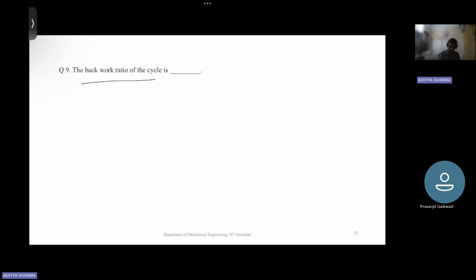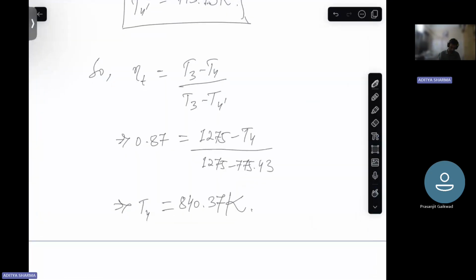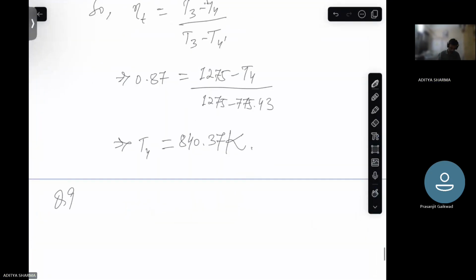Now back work ratio, that is WC by WT, which is H2 minus H1 divided by H3 minus H4. This is back work ratio. So question number 9.